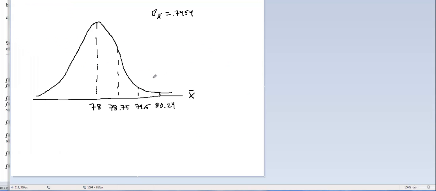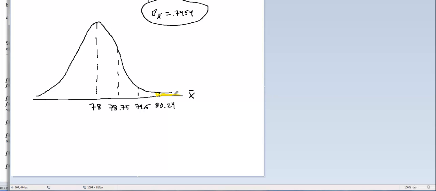Okay, we're back. What I've done is just recreate this graph of the sampling distribution of the mean. Notice that the standard deviation of this graph is 0.7454, like we just calculated, and I've included 3 standard deviations above the mean here. The area that we're looking for is 80 and above, or greater than 80.